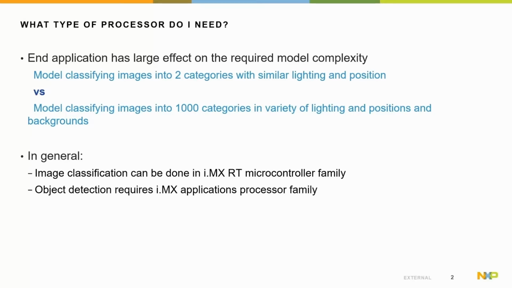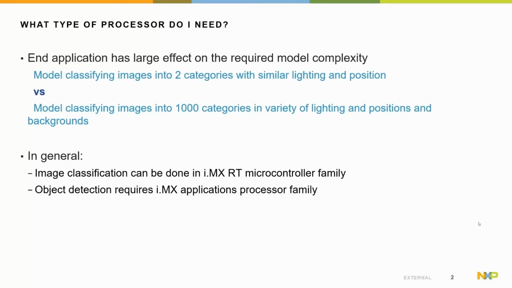You can have an image classifying model, but if you're only trying to classify an image into one of two categories, say looking at shirts and determining if it's a blue shirt or a red shirt, that can be a much simpler model with much simpler performance requirements on the device side. If you have an application where you take that same camera data but divide it into 1,000 different categories, with a variety of lighting, positions and backgrounds, it's going to take a much more complex model that requires a much more complex processor to do that inferencing in a reasonable amount of time.